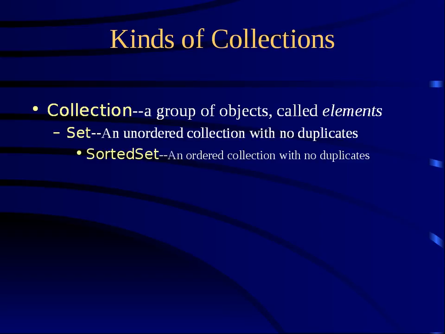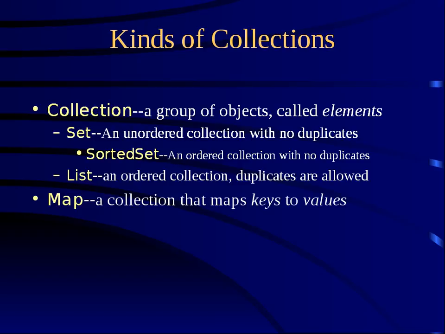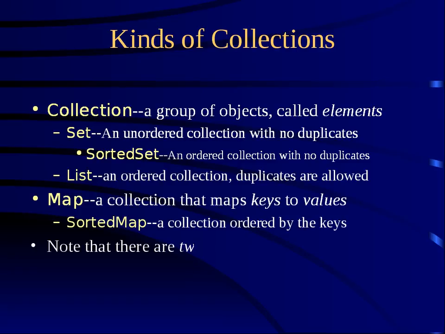You can also talk about a sorted set, which would actually sort it, with no duplicates. A list is an ordered collection where duplicates are allowed. And a map is a collection that maps keys to values, which is something completely different. Note that collection and map are two separate things. We're going to talk about collection today, not about maps.